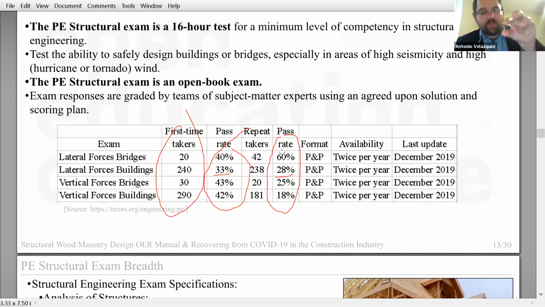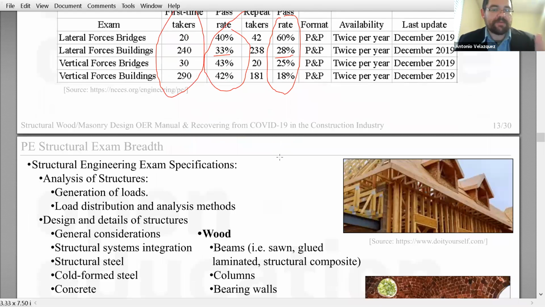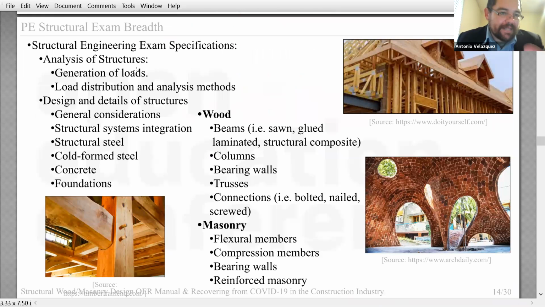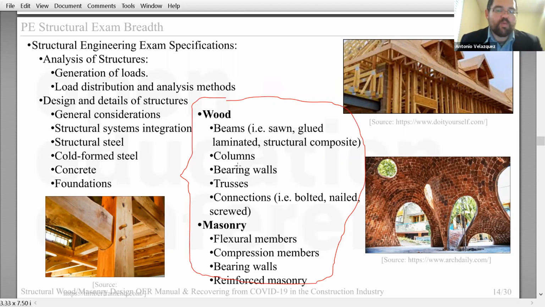Clearly, we have a niche that we work on with open education, and I will explain in a minute how that works. This structural exam comprises these topics. Let me go through them very quickly. One of the topics that is forgotten, with no priority, is wood design, or lumber design, for houses, real estate housing, churches and formwork structures, etc. And masonry design, which means brick design, like brick low-rise buildings, governmental buildings, and sometimes high-rise buildings.